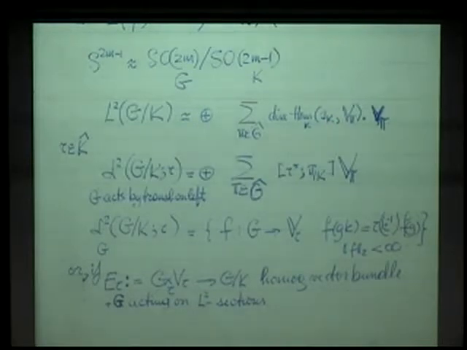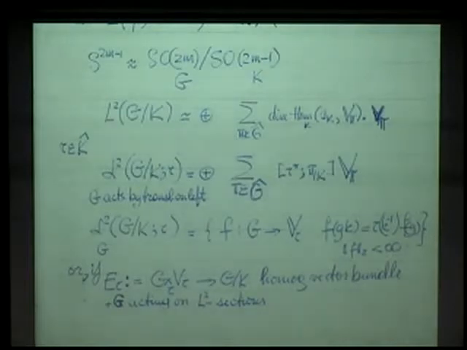And more generally, if we take any unitary representation tau of K, everything is finite dimensional here, we take L2(G, K, tau), which is essentially the set of functions from G to the vector space V_tau, such that f(gk) is tau(k) minus 1 f(g), plus a condition of norm 2 being finite.